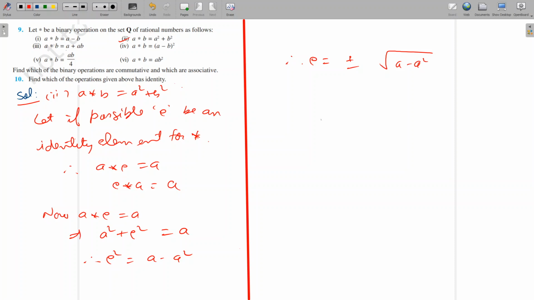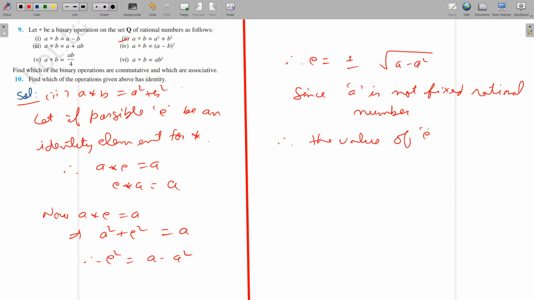So that is what we will write here. Since A is not a fixed rational number, the value of E will go on changing here.